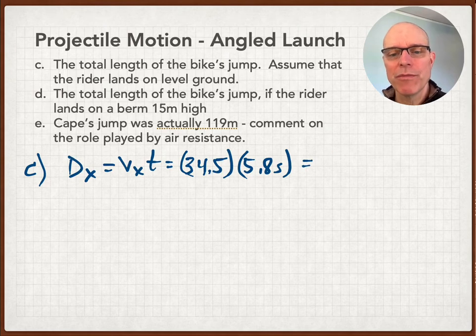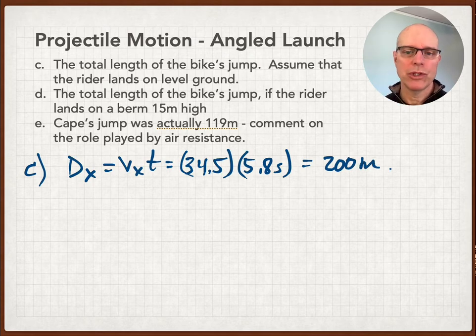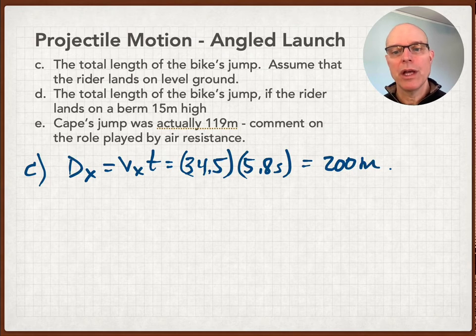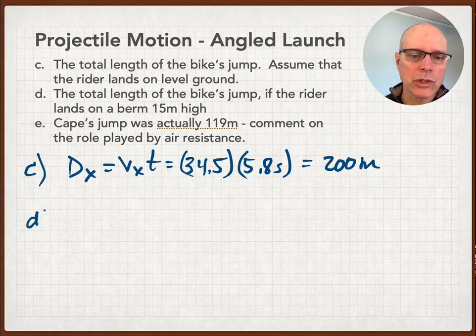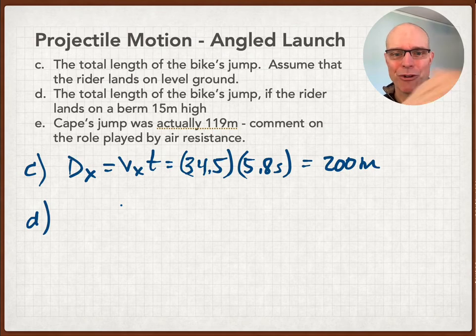So 34.5 meters per second times 5.8 seconds. That is just around 200 meters of jumping. And that would be if he leapt from the ground, landed on the ground. And in real life, that's probably not survivable. So nobody lands going 100 miles an hour and rides it out, unless they're on a really big downhill.